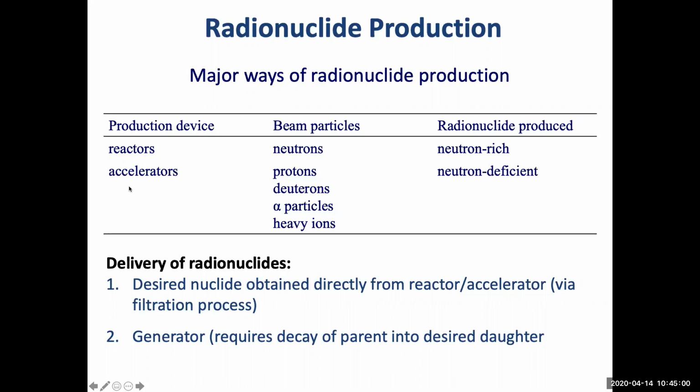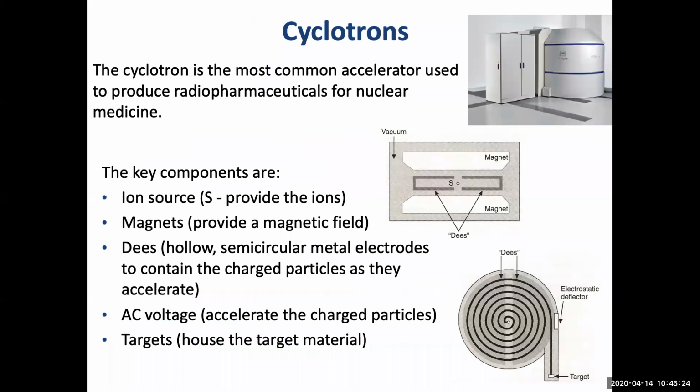It has an adequate half-life, so it can be transferred from one place to another, or through a generator. If we need to transfer a daughter which has a short half-life, we put the parent, which has a longer half-life, in the generator, and use the generator inside the hospital to get the daughter from it. We'll talk about this later.